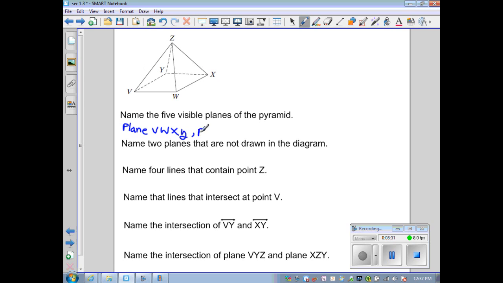Therefore, plane VWZ, plane WXZ, plane ZYX, and finally plane VYZ.